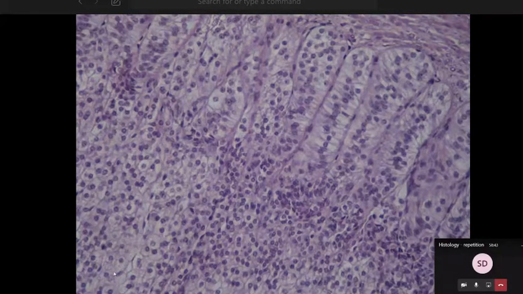Spongiocytes because the cytoplasm is foamy-like. Of course, we can see the lipid droplets from this cell because the lipid is dissolved by xylene and the alcohols. We have empty lipid droplets.